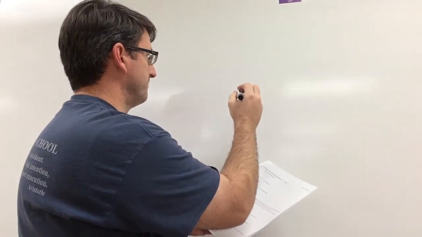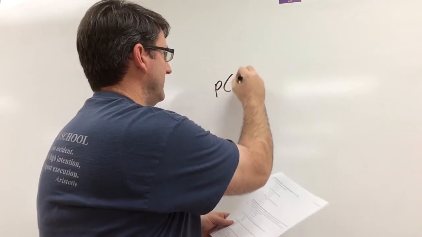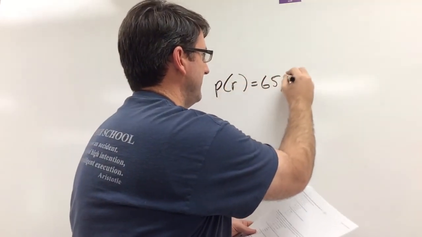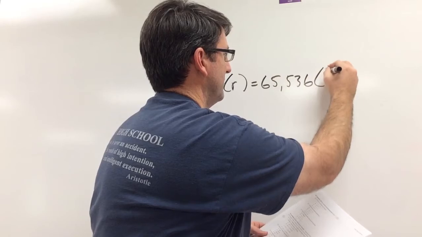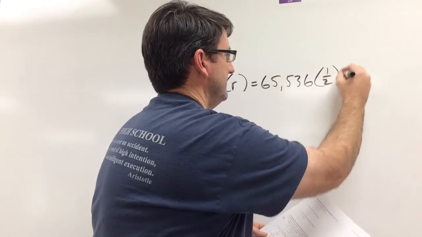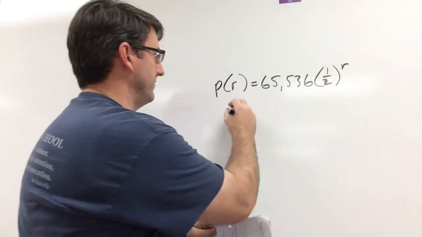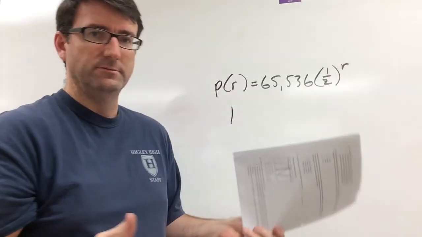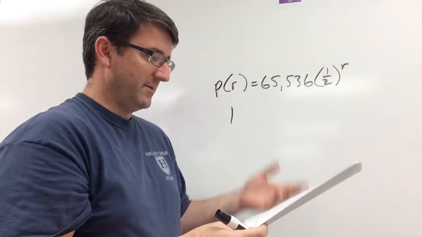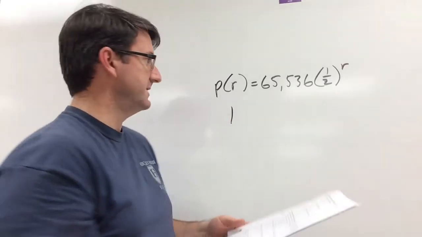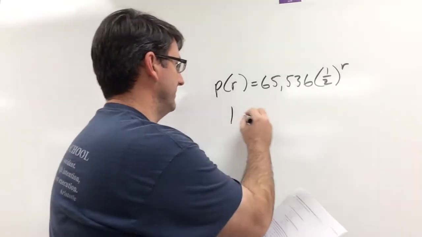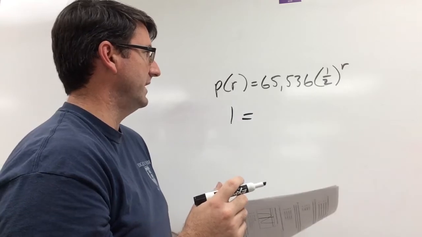So we've got P of R equals 65,536 times 1/2 to the R power. We're going to plug in 1 for P, because 1 is how many players are going to be left when we've determined our champion. We're going to narrow this all the way down to 1 player.